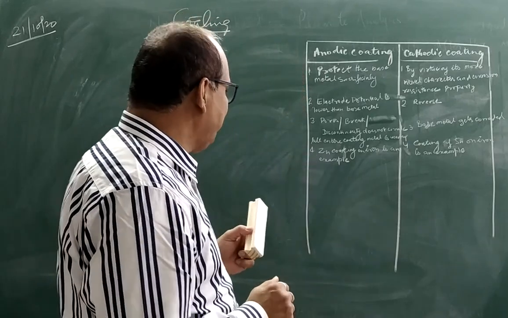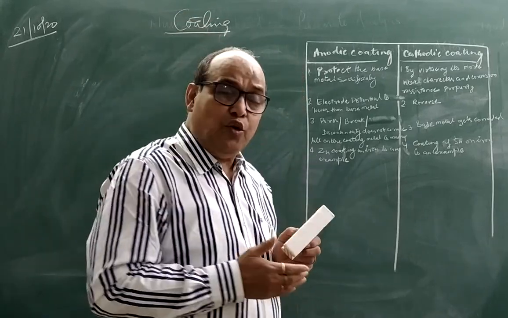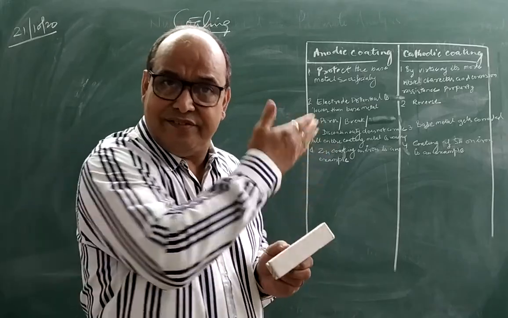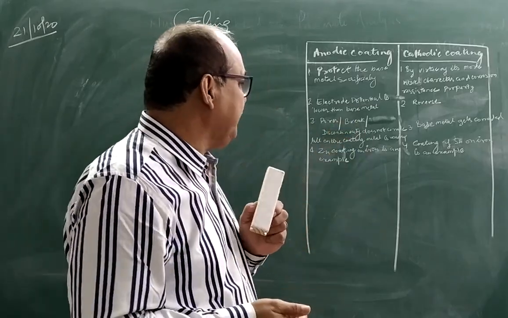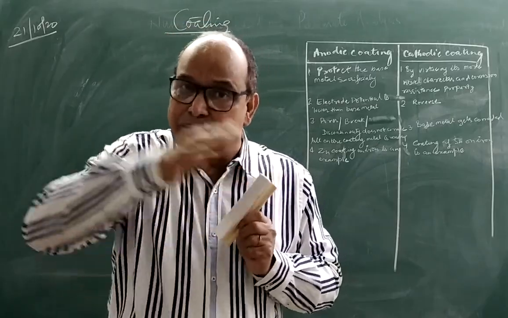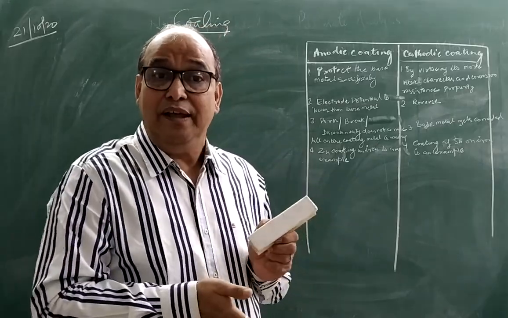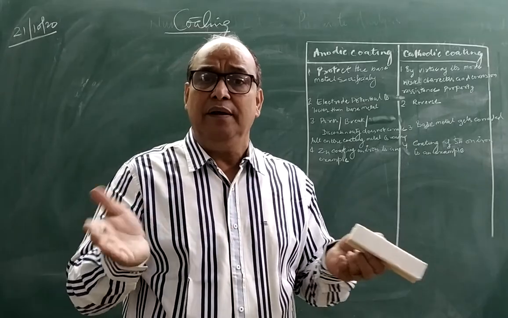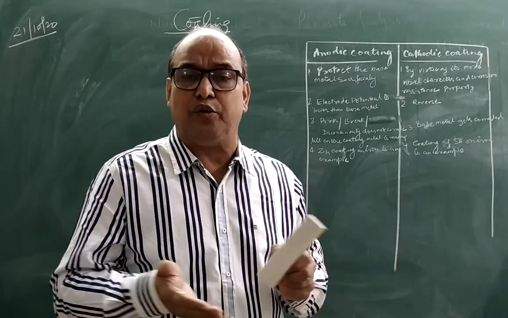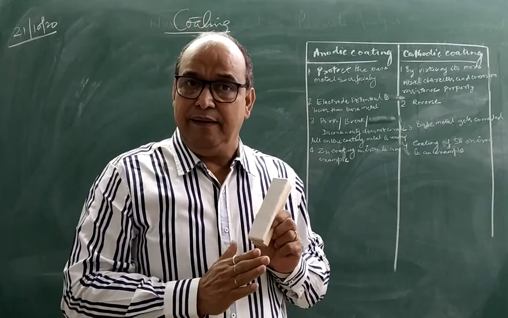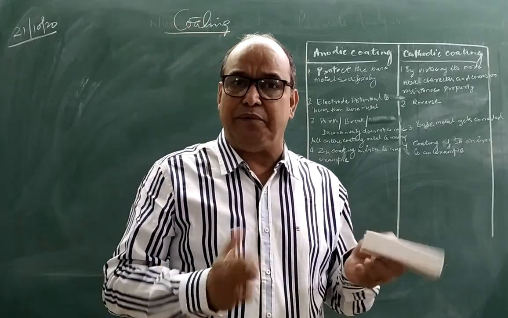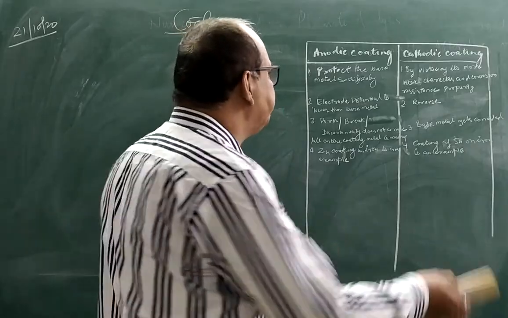And the fourth point is that zinc coating on iron is an example of anodic coating, but in cathodic coating, tin coating on a metallic structure will be an example. So if you are asked to compare anodic and cathodic coating, you have to make a table and elaborate like that. This is all about your comparative study between anodic and cathodic coating.